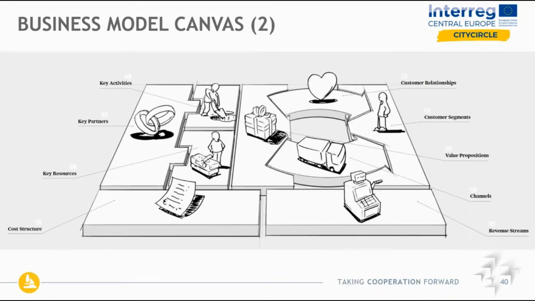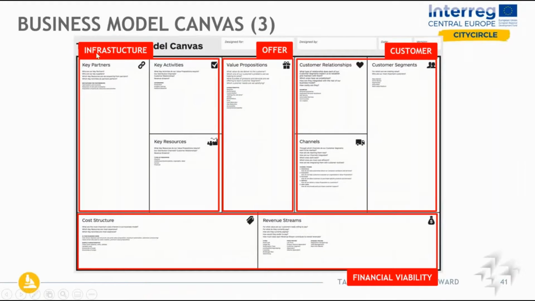It is nine parts, starting from the value proposition, and how you're going to do that, customer relationship, customer segments, the different channels to reach the customers, and so on, the activities, the partners you need, the resources, cost structure, revenue streams. So it's very often represented in that way.